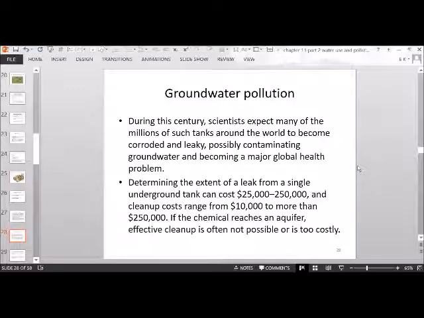Determining the extent of a leak from a single underground tank can cost a lot of money, and the cleanup costs are very high as well. If chemicals reach an aquifer, it sometimes is not going to be able to be cleaned up because it may be too costly or it may not even be possible.